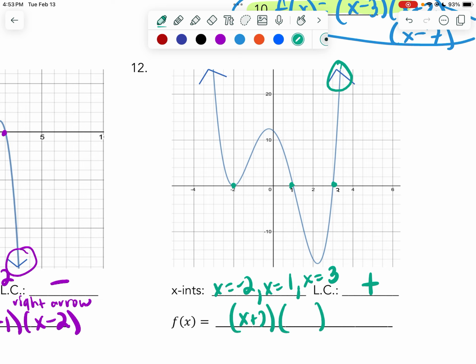So we have x plus 2, because it's the opposite, x minus 1, because it's the opposite, and x minus 3, because it's the opposite, okay? Now the only other thing that's going on in this one is right here. That's a bounce. So if there's a bounce at -2, on that factor, you have to have the squared, right? So there has to be a squared there. And then that's your equation.